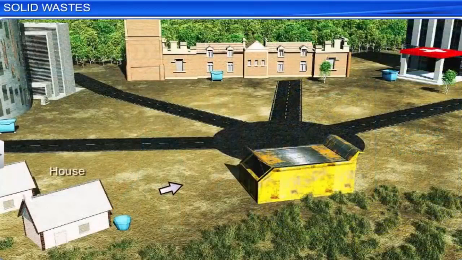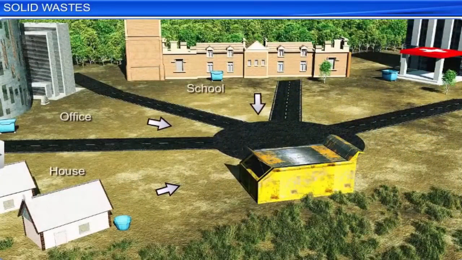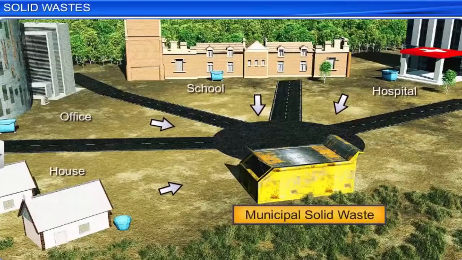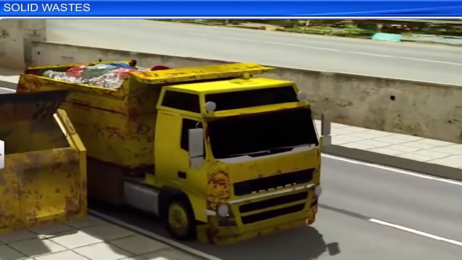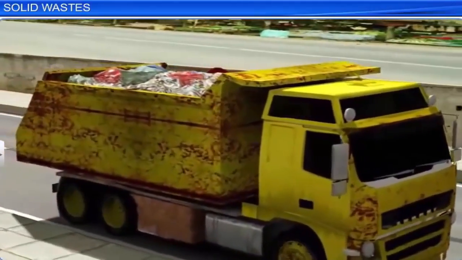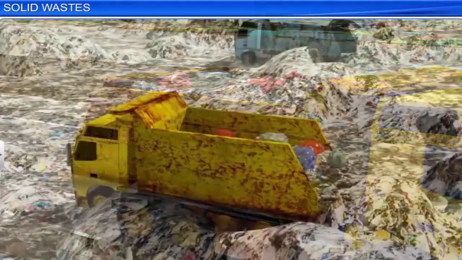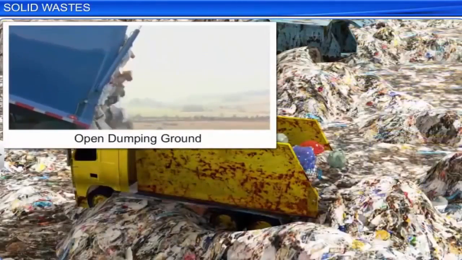Apart from households, waste is also generated by offices, schools, and hospitals, which is called municipal solid waste. This waste is then collected by the municipality and ultimately dumped far away from the city.